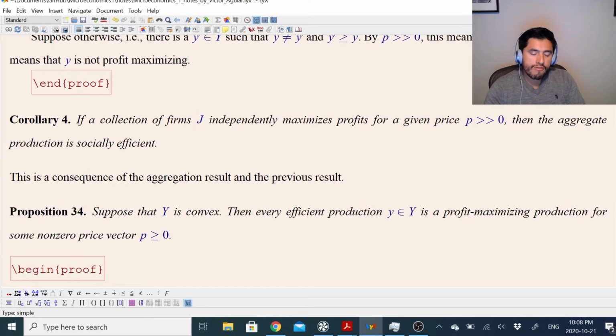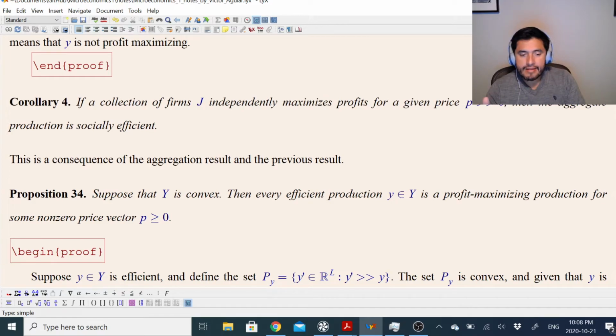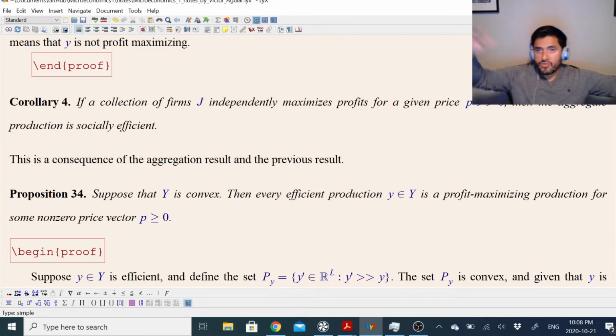If a collection of firms, capital J, independently maximize profits for a given price common to everyone, which is strictly positive, then it turns out that the aggregate production is socially efficient. That means if I nationalize all the firms, you are still price taking, and then you maximize this problem in the centralized way.